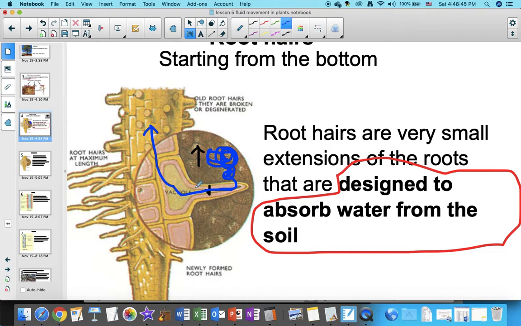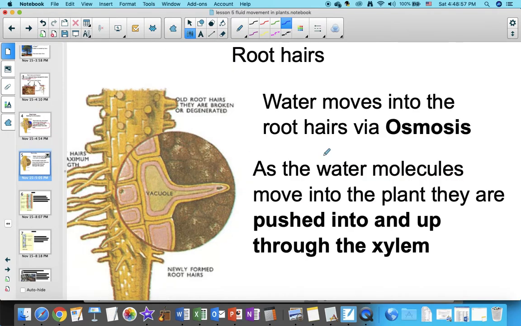And the plant maintains a low concentration as water is being siphoned back up the plant. So root hair's job is to absorb water from the soil. So water moves into the root hairs through osmosis. Right? I said diffusion, I should have said osmosis. So the water moves through the root hairs through osmosis.